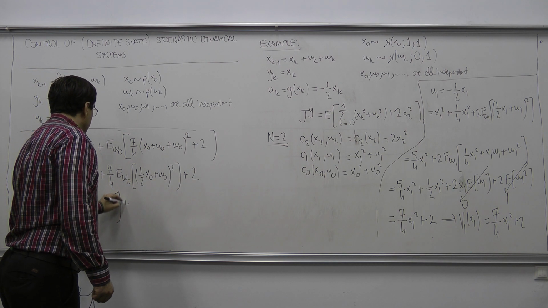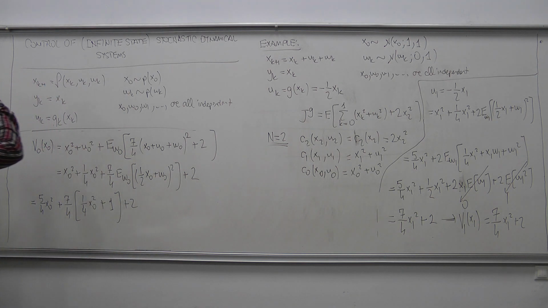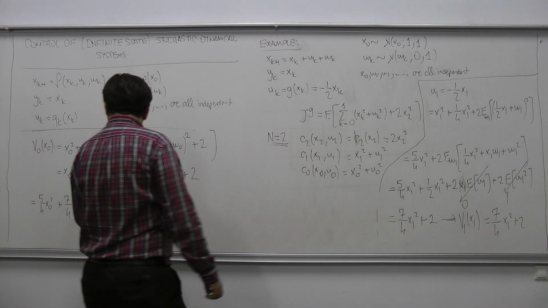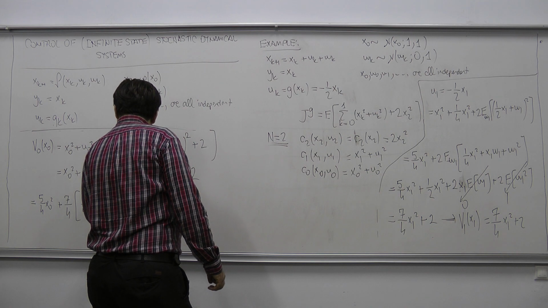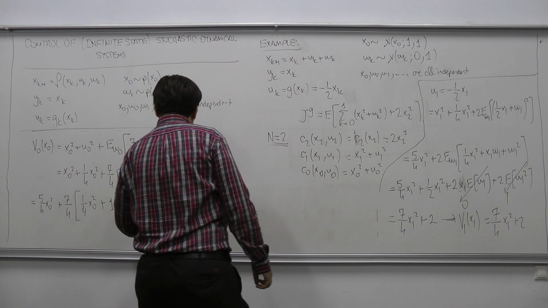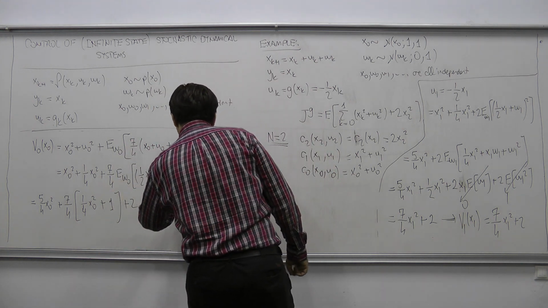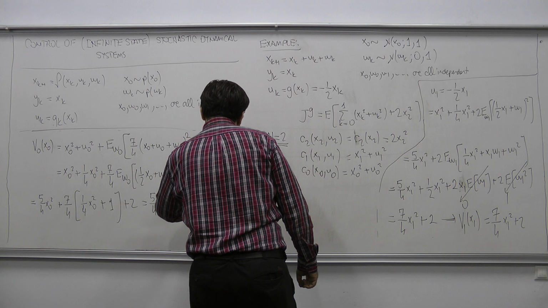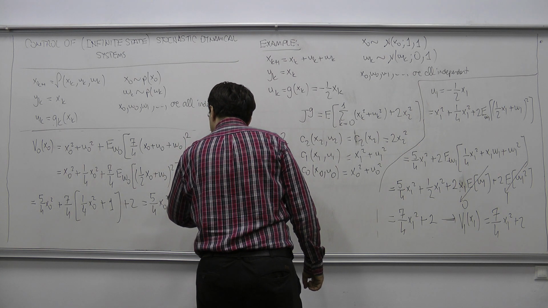Okay, and I would have plus 2 here. All right. So now I have taken the expectation directly. So now let me look at these terms. 5 over 4 x0 squared plus 7 over 16 x0 squared plus 7 over 4 plus 2.